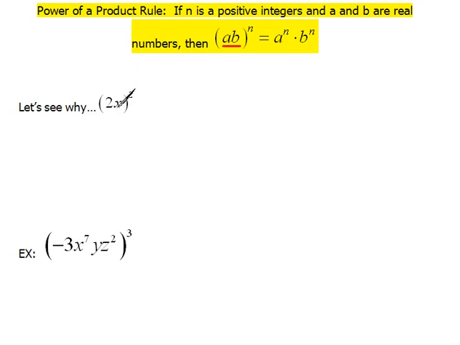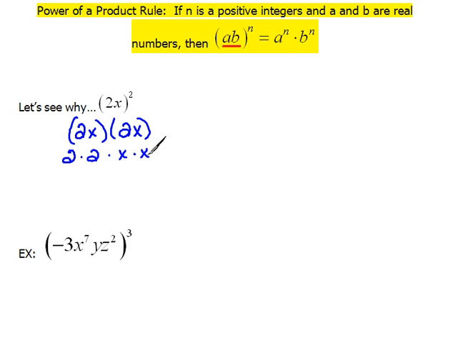If we had 2x being raised to the second power, or squared, what that really means is that we would have to take 2x times 2x. We'd have to multiply it by itself 2 times. Well, we've already seen problems that look like this, and we know now that we can multiply these in any order we want to because multiplication is both commutative and associative.